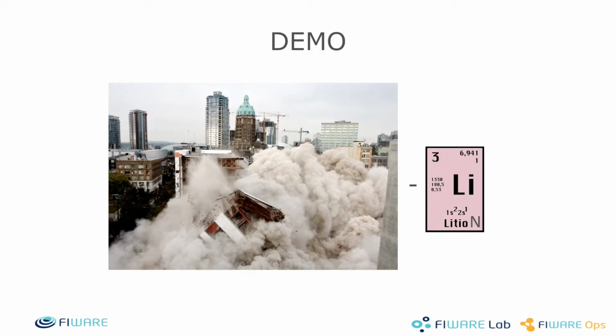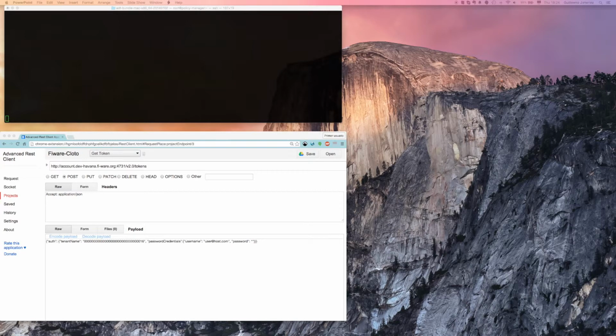Okay, and now I would like to show you a real demo. I have in this console screen a log with the environments instantiated. This log shows all facts received from monitoring. The first operation we need is a get token to get a valid token from OpenStack Keystone.